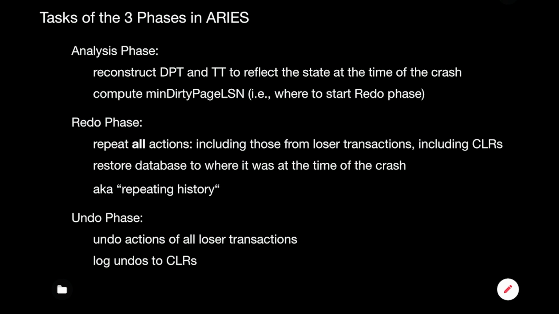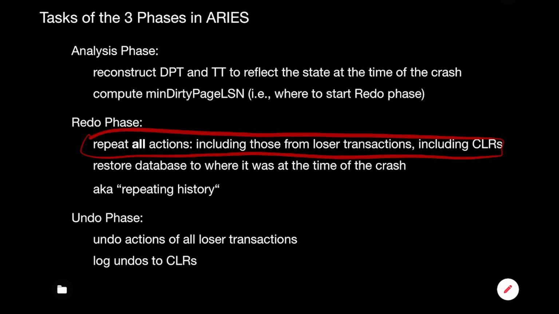For a previous crash, compensation log records are created in the undo phase of a crash. However, they are re-executed in the redo phase when recovering. So we repeat everything. And this paradigm is called repeating history. I wrote it down there. So it's called repeating history.